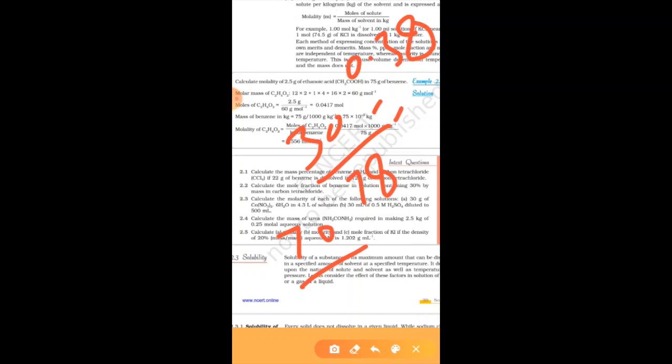The moles of benzene, C6H6: given mass 30 by molar mass of benzene 78, its moles are 0.38. And moles of CCl4: if 30% is benzene, then 70% is CCl4, so 70 by the molar mass of CCl4, 154, equal to 0.45.